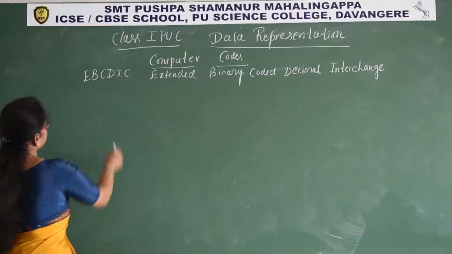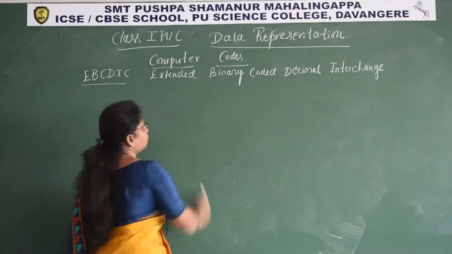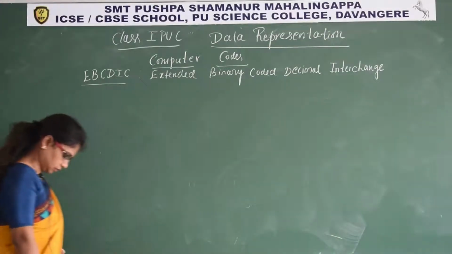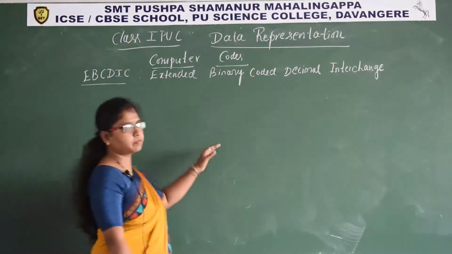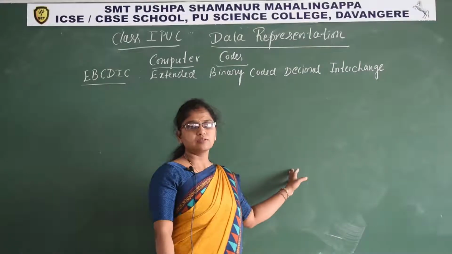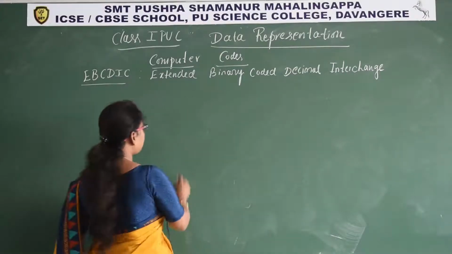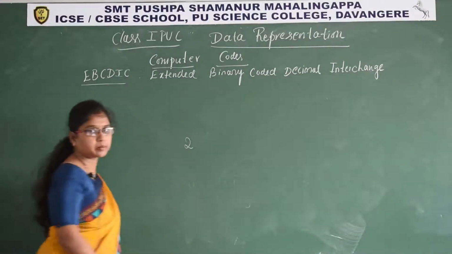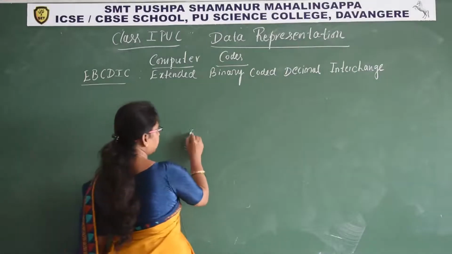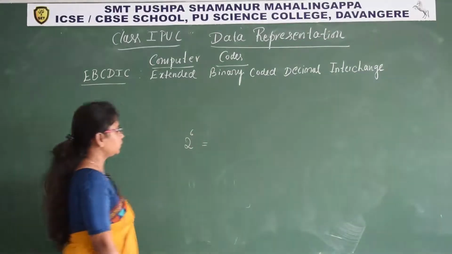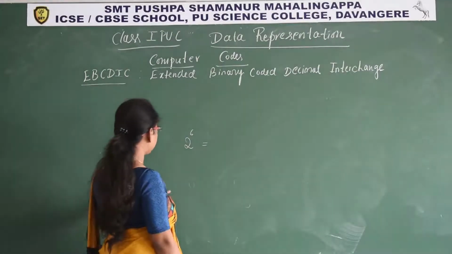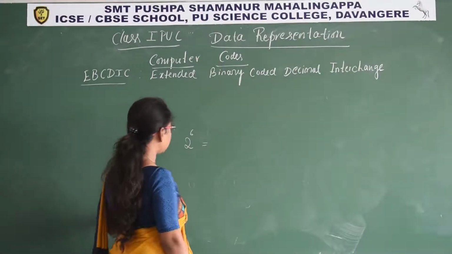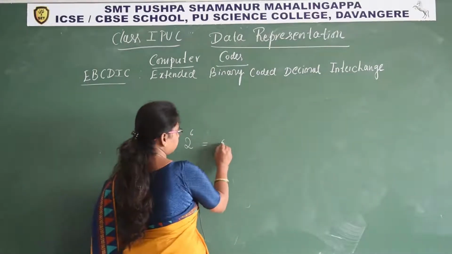Now you all know BCD, how to write the BCD code for a given number. That is a 6-bit coding system, so how many possible groups can we make using 6 bits? 2 to the power of 6: 2, 4, 8, 16, 32, 64.